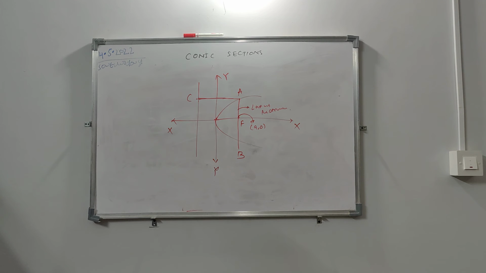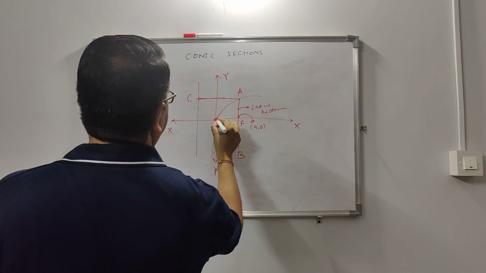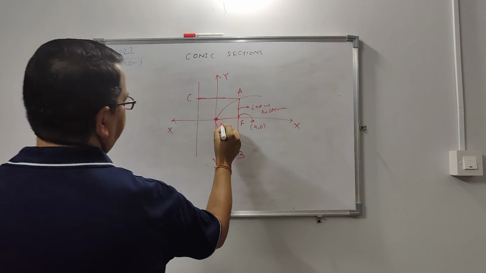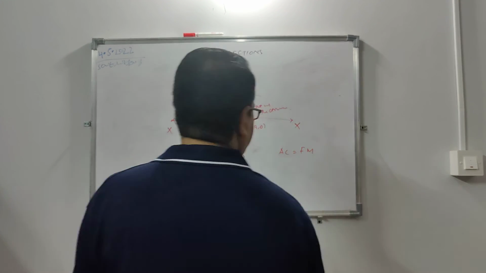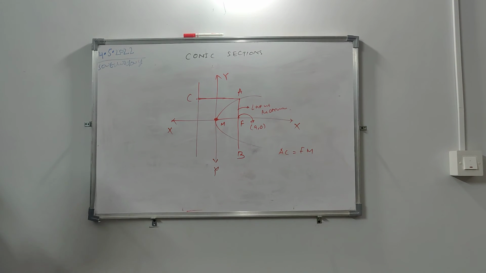Then we know AC is equal to FM. This is also a point on the parabola, so as per the definition of parabola, AC will become equal to FM. And AF is equal to 2a, because it is a plus a.